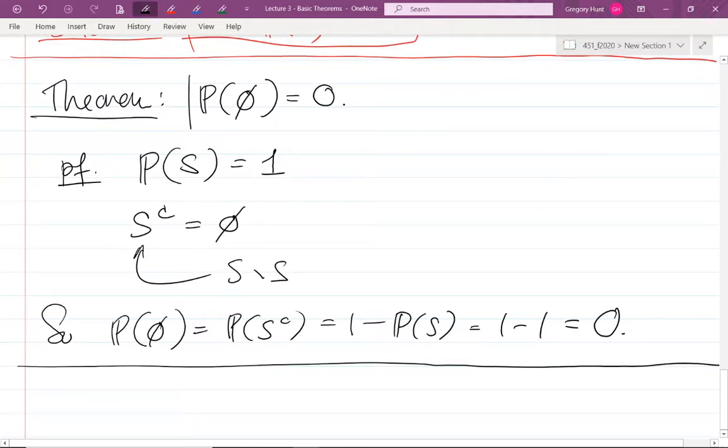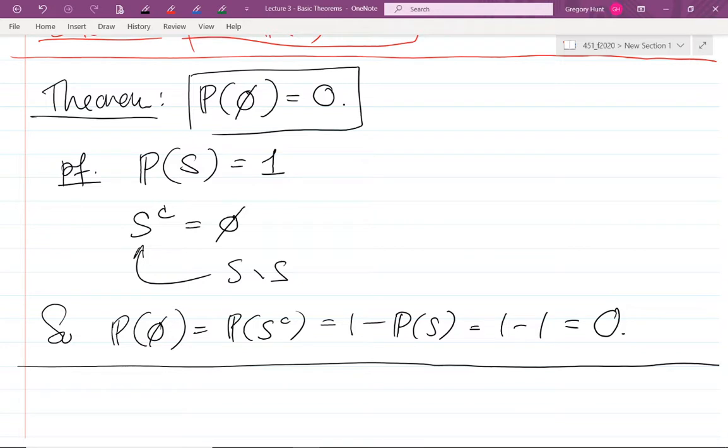So that codifies another nice little fact we have, which is that the probability of the empty set should be 0. Maybe not as intuitive. The null event, as it were, is often a little hard to wrap your brain around. But there it is.